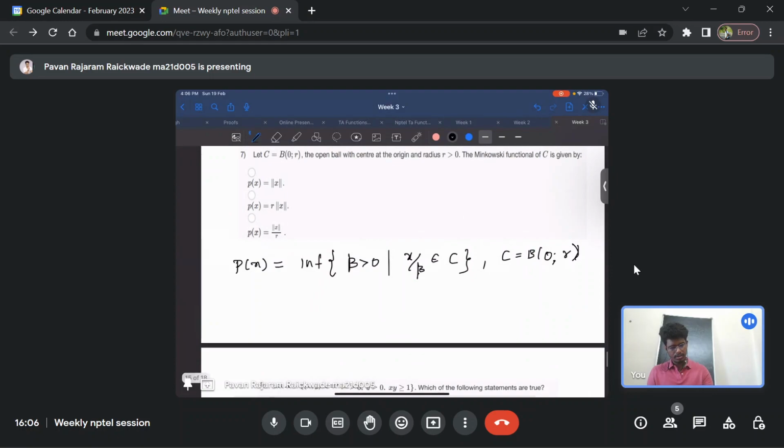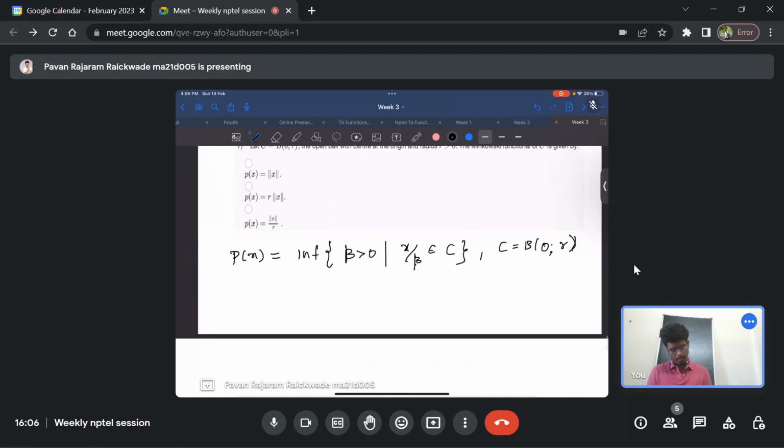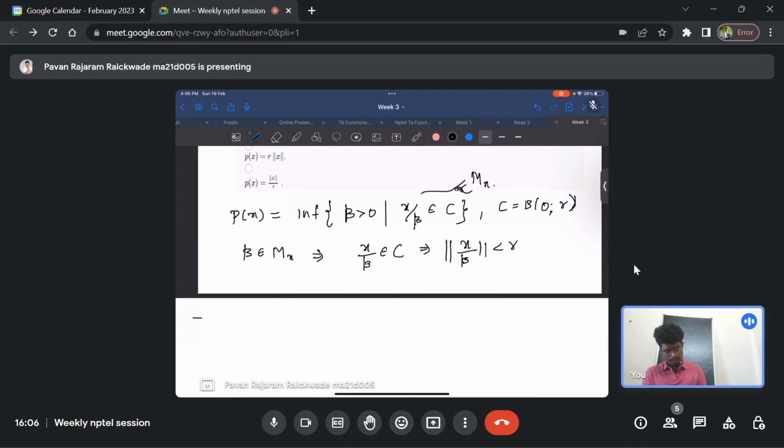Which one among these three is the correct option? We have to check. I'll call this set M_x, just the notation of this set. Take any beta belonging to M_x. Then x by beta belongs to C, which means norm of x by beta is strictly less than r, which means norm x upon r is strictly less than beta.